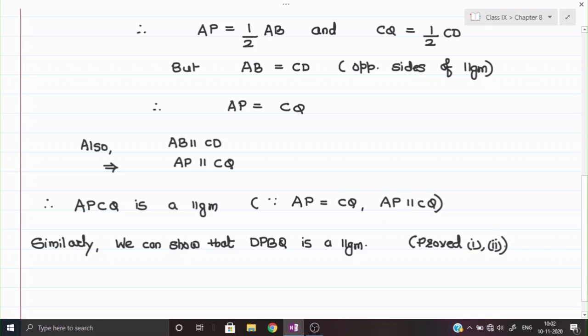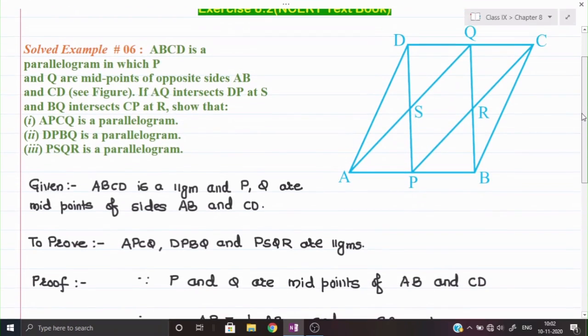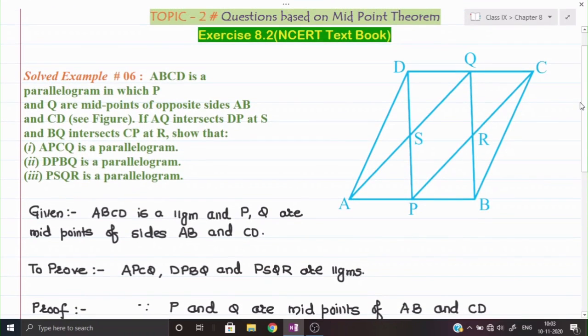Let us see in part number three what exactly we need to prove. They are asking to show that PSQR is a parallelogram. PSQR is a quadrilateral inside the parallelogram ABCD, coming exactly in the middle. First of all, we have already proved that APCQ and DPBQ are parallelograms. So in APCQ, you observe AQ and CP are already parallel because APCQ is a parallelogram.